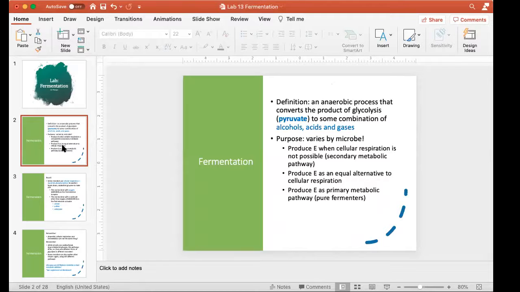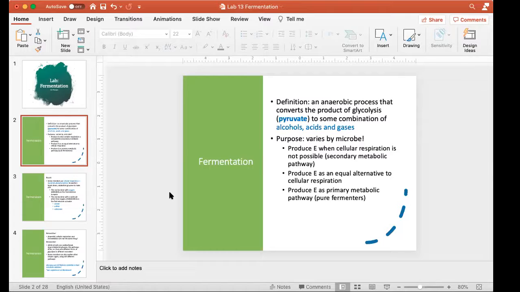Fermentation is an anaerobic process. In other words, it does not require oxygen. An anaerobic process that converts the product of glycolysis, which is pyruvate, into some combination of alcohol, acid, and/or gas.